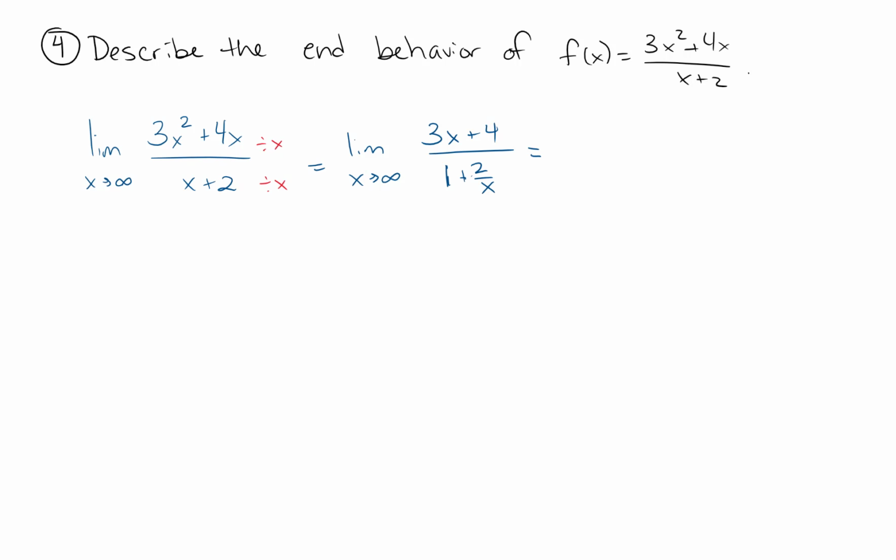So here I end up with 3 times a really, really big number plus 4, all divided by 1 plus 0. So ultimately this is approaching infinity.